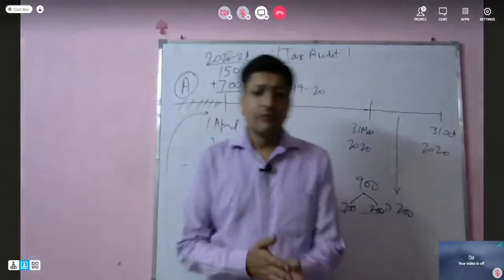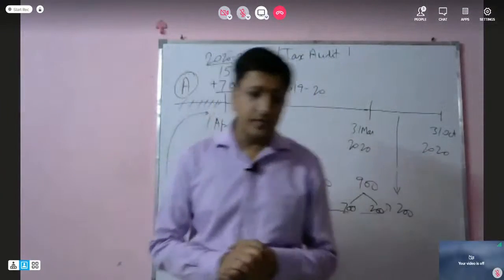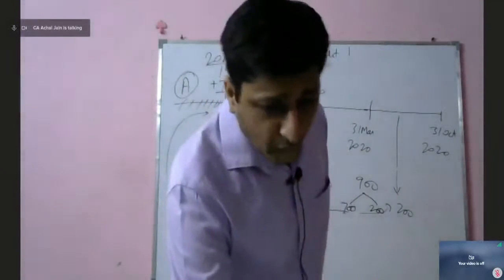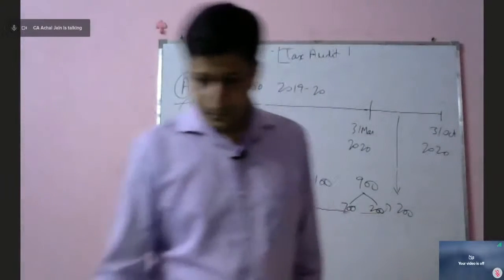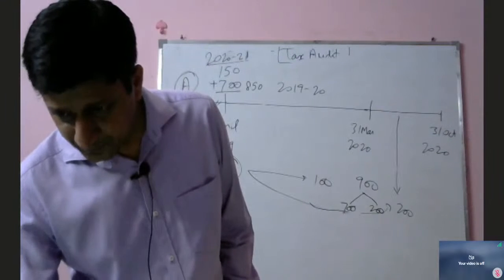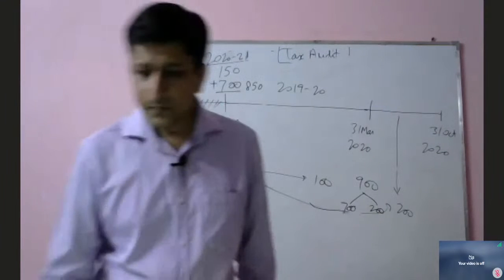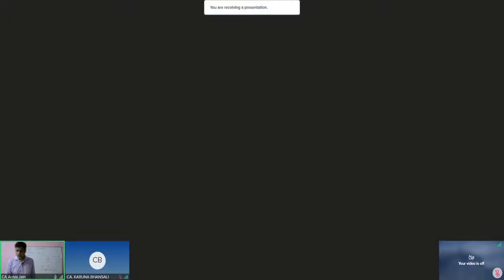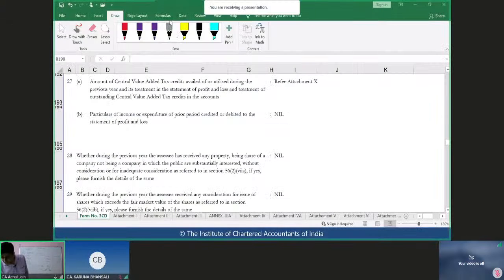Okay, yeah. Welcome back. So we'll now continue with our discussion on this Form 3CD. Okay, moving on to the next clause, number 27. So under 27, again, we have two clauses.